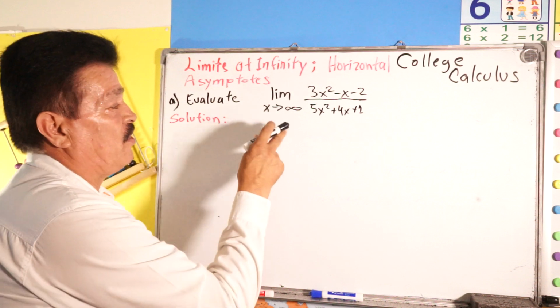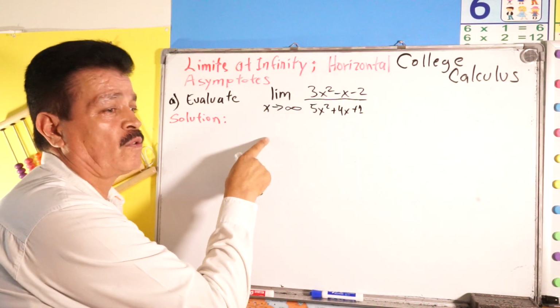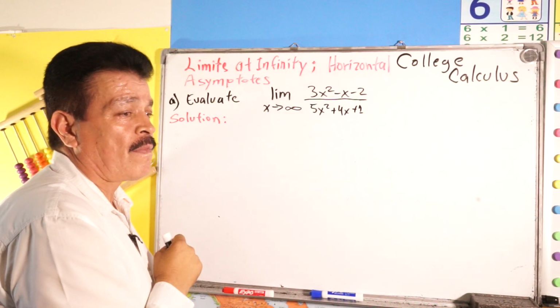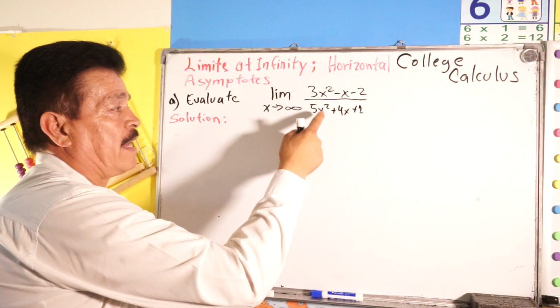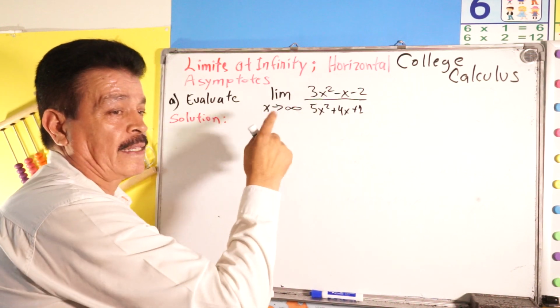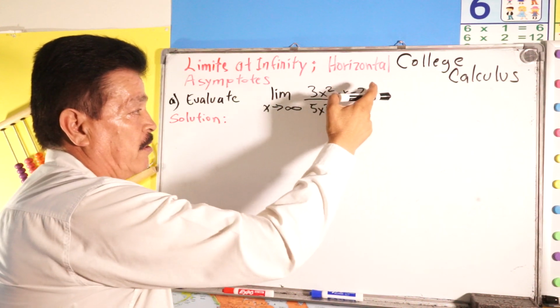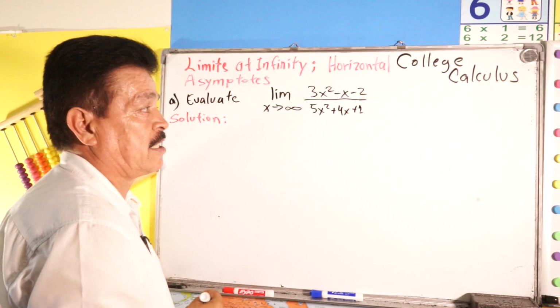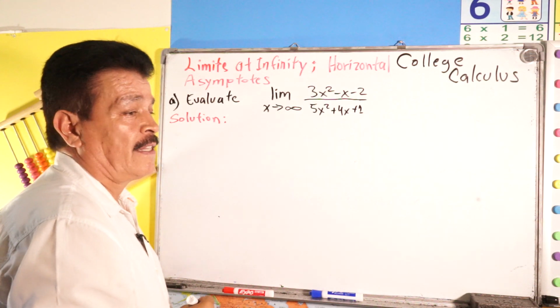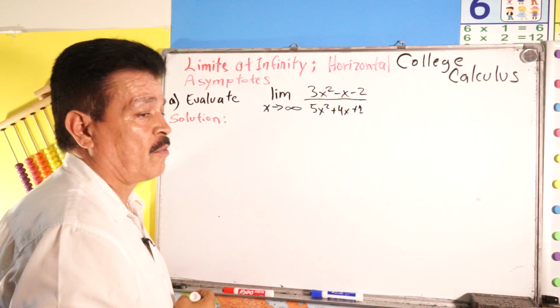First, we have to divide both the numerator and denominator by the highest power of x that occurs in the denominator.